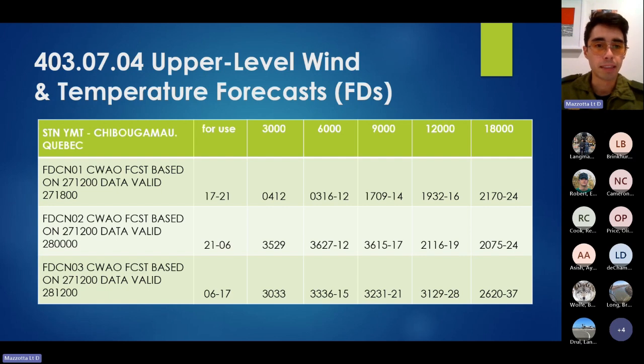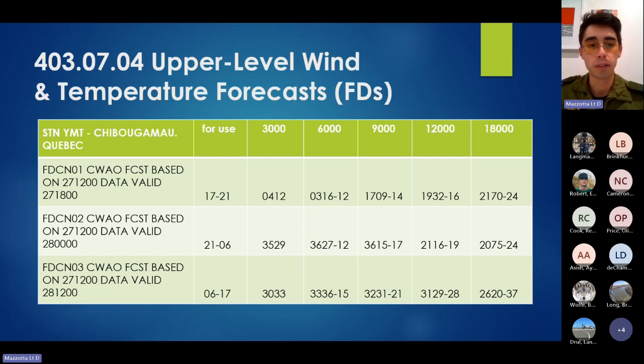And then 3,000, 6,000, 9,000, 12,000, 18,000. These ones are going to be more pertinent for the GPTC and the PPTC because you fly at altitudes so close to here. Again, these are above sea level. So TT is for the temperature. If we look at this first line here, for use between 17 Zulu and 21 Zulu, at 3,000 feet, again, remember there's no temperature indicated.